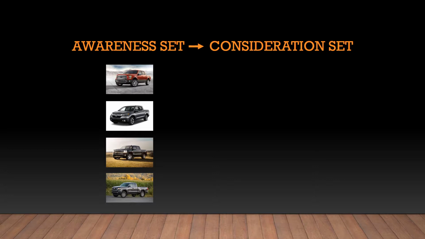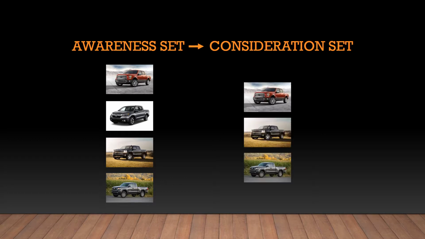And it's usually based off of some sort of emotional requirement, some sort of emotional need that they need fulfilled. So here, maybe the consumer wants a truck that has a rugged or tough brand association. So in his mind, that's going to exclude the Honda Ridgeline. So for whatever reason, he feels that these 3 remaining trucks have a more rugged brand association.